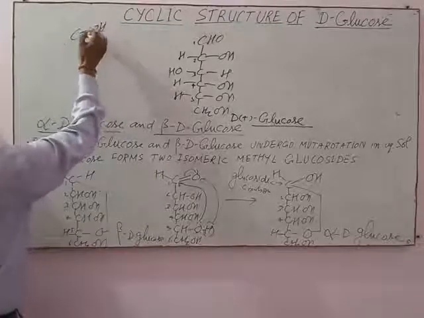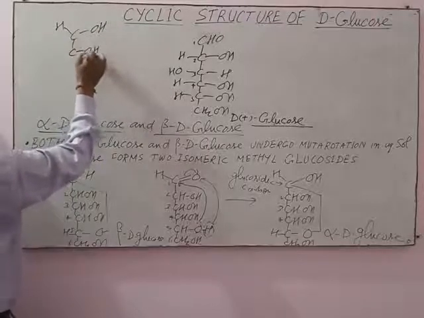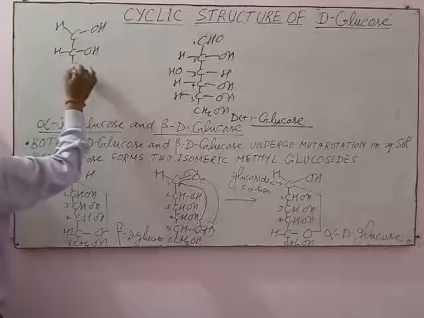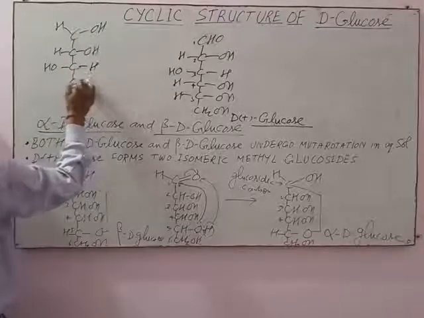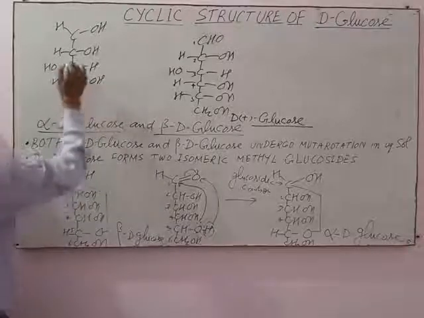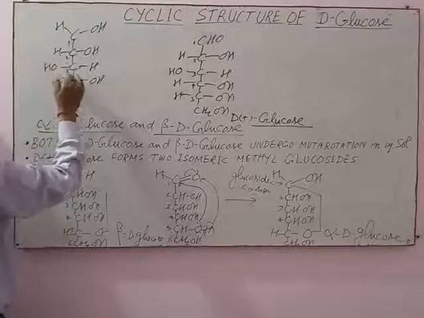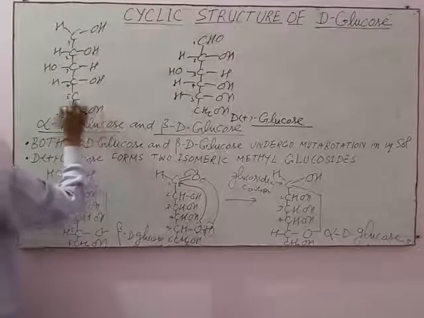Alpha D glucose, this is alpha D glucose, carbons 1, 2, 3, 4, 5, and 6.